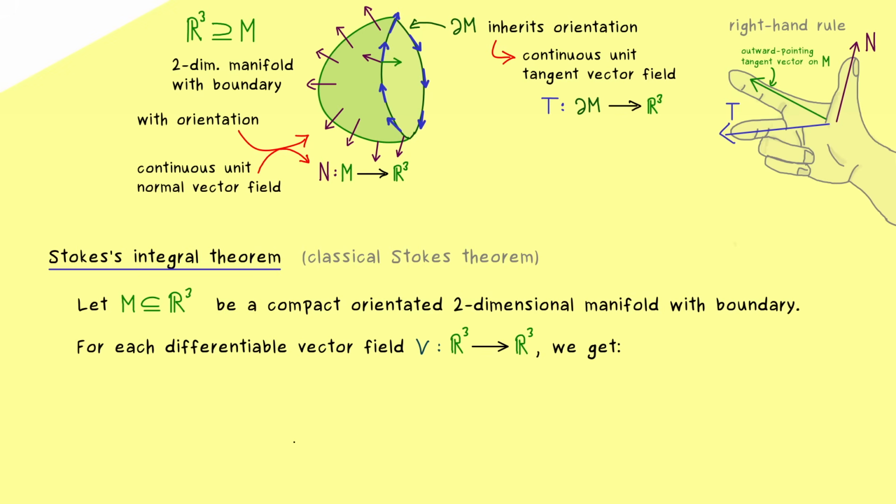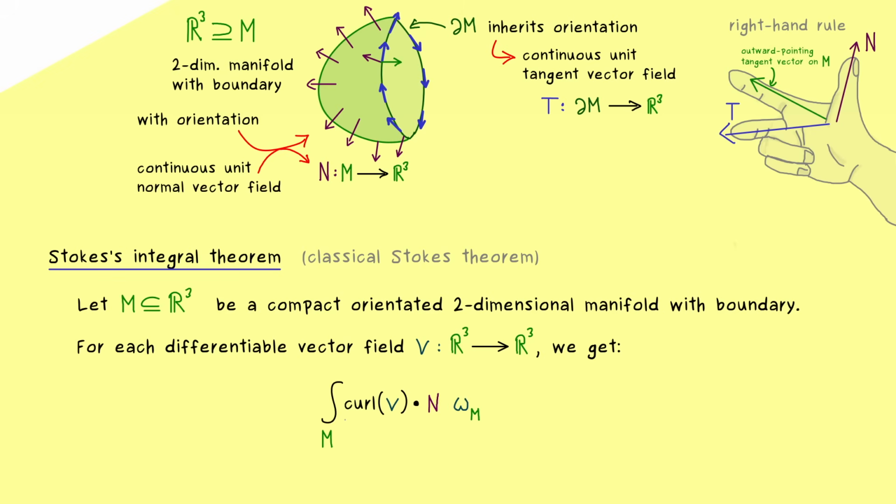On the one hand, we have the two-dimensional integral over M, and on the other hand, the one-dimensional integral over del M. And now the thing is, in the surface integral on the left-hand side, we find the curl of the vector field V. So at this point you see that we need that the partial derivatives of V exist, and they should be at least continuous such that we can do the integration. And now what happens is that we form the standard inner product of this curl with the unit normal vector field.